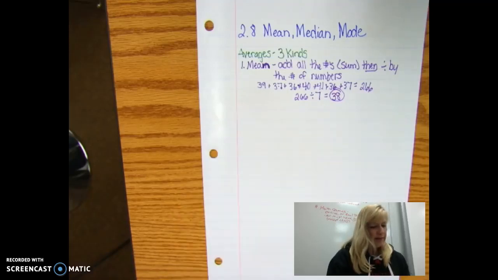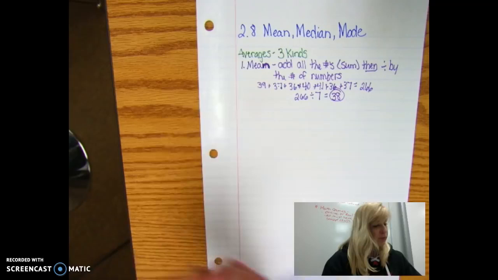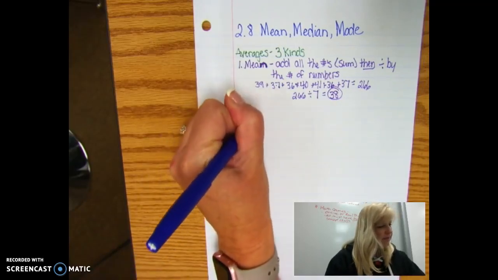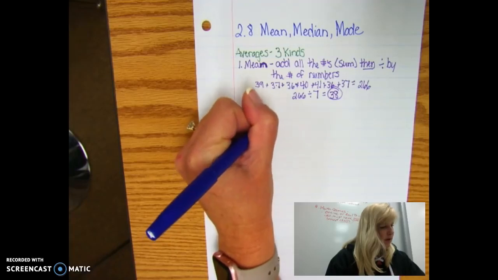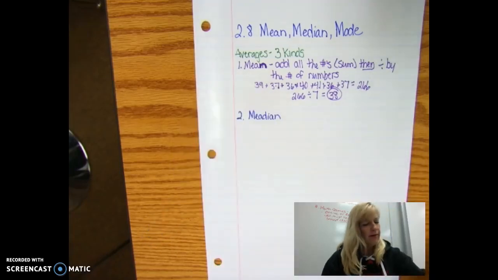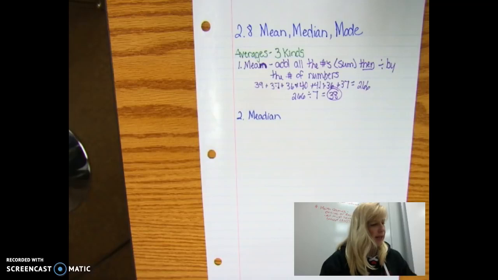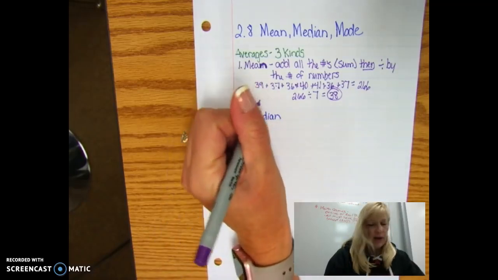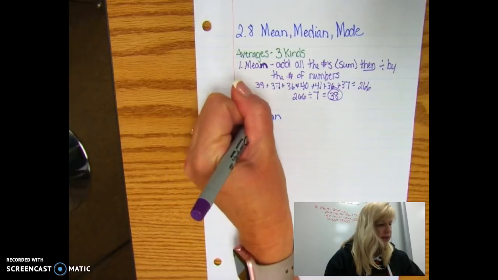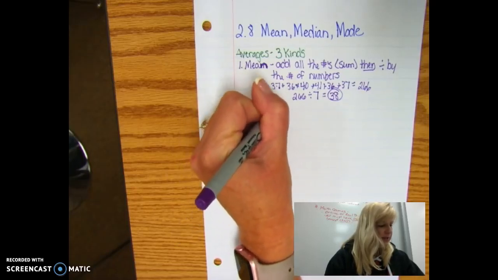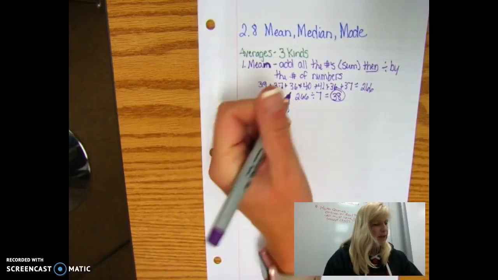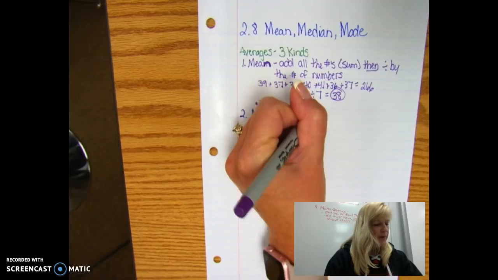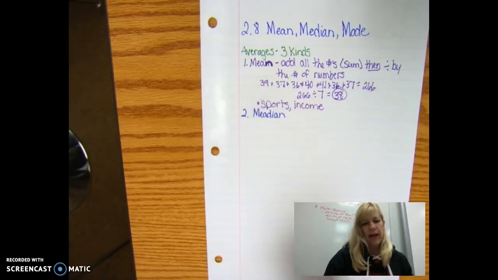The second kind of average we're going to look for is the median. Oh, one thing I failed to mention is in the mean, you commonly see these for sports averages, batting averages. Sometimes you see them in income when people want the average income for an area.